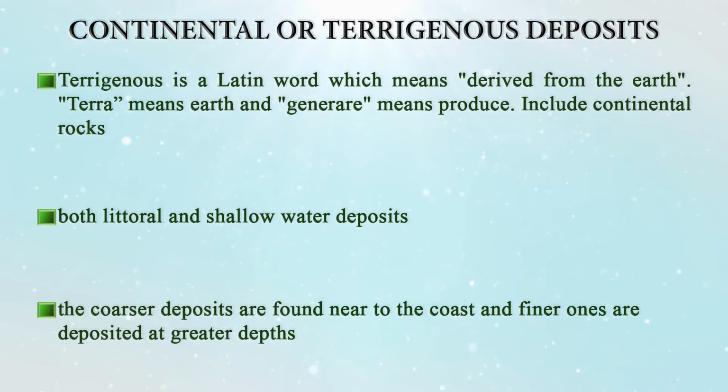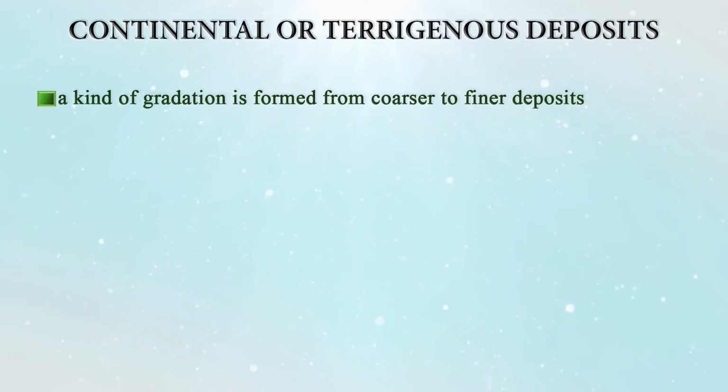The coarser ones are deposited near the coast and the finer ones are deposited at greater depths into the ocean area. Can you reason out why? Because the carrying capacity of the waves decreases, so the coarser or heavier ones are deposited only near the coast. So a kind of gradation is formed from coarser to finer deposits.